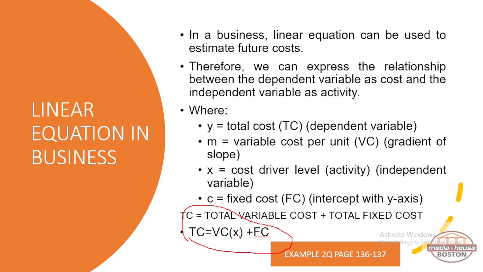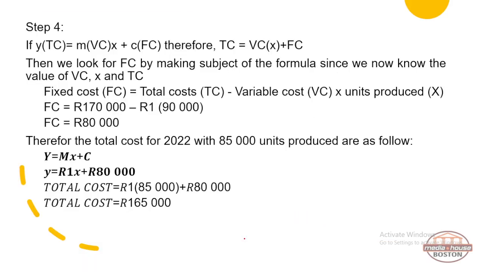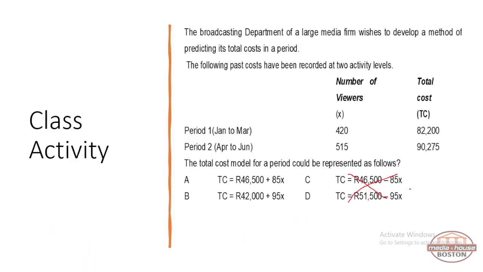So for total cost, if they just swap these two around, which is one of the laws that we mentioned earlier during our lesson, you can still start with any as long as you do not change any of their signs. So everything is positive, meaning that under this equation, TC will not have minus 85x or minus 95.